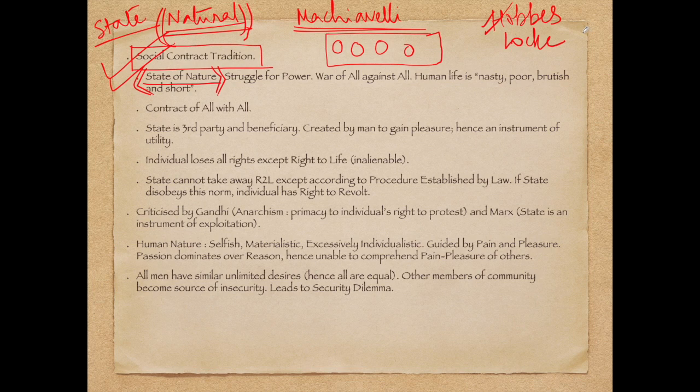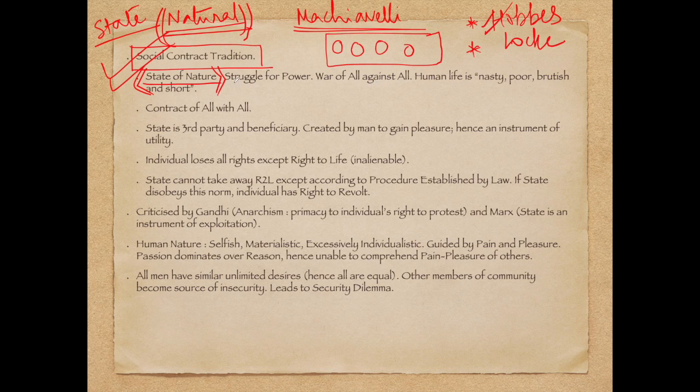When you did not have the state as a political community, life at that point of time is described as the state of nature. Now, the various scholars who have endorsed the social contract tradition have each described the state of nature in a different way, depending upon their own interpretation.